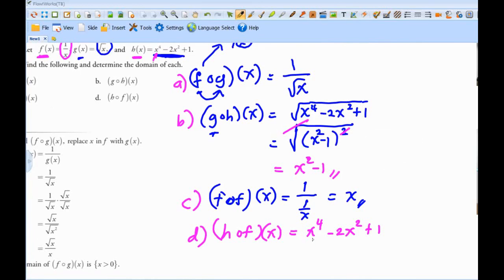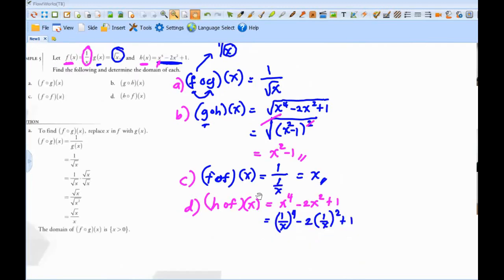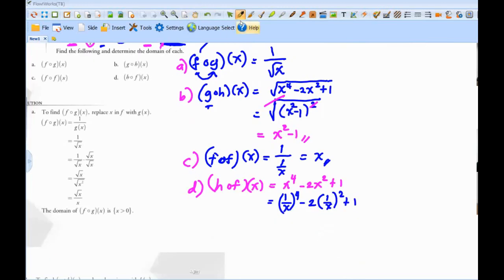So what is inside your x is the f of x. So it will be 1 over x to the fourth minus 2, 1 over x squared, plus 1. So let us simplify it a bit so that it would be 1 over x to the fourth minus 2 over x squared plus 1.